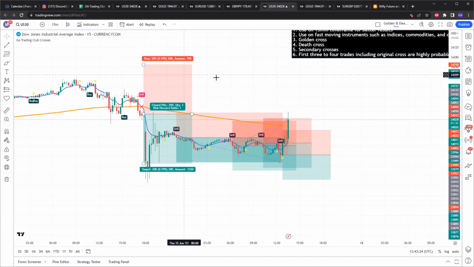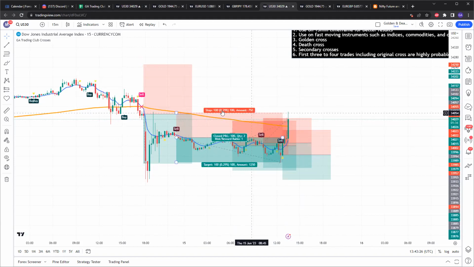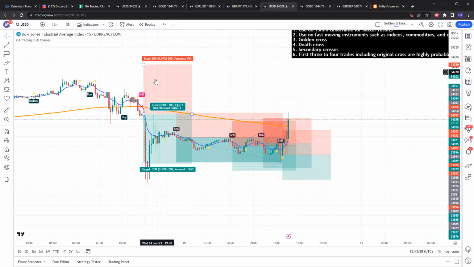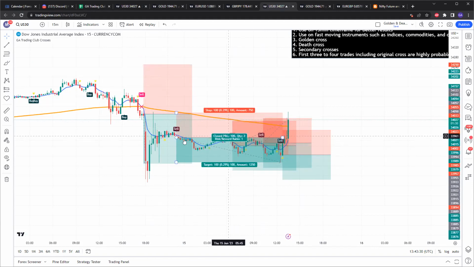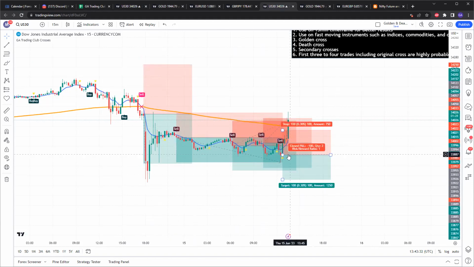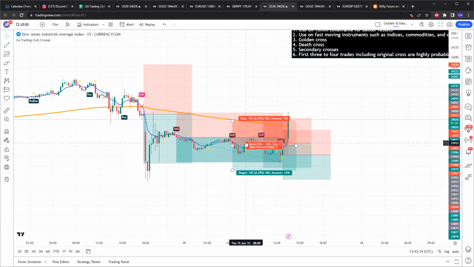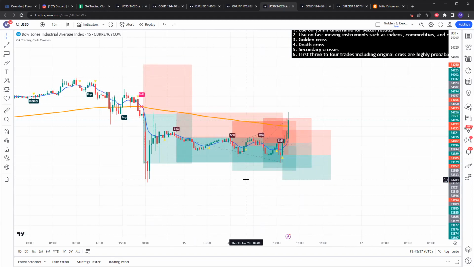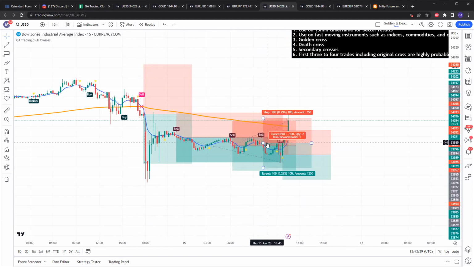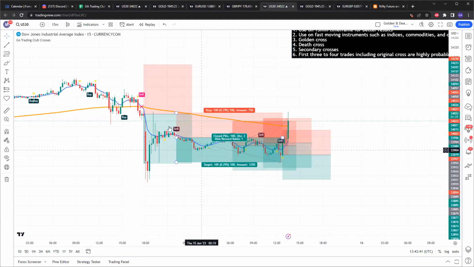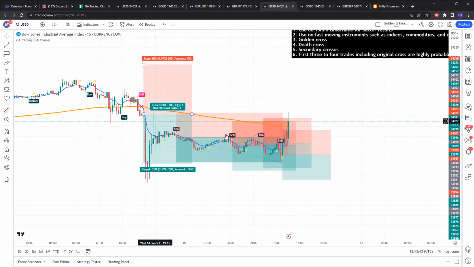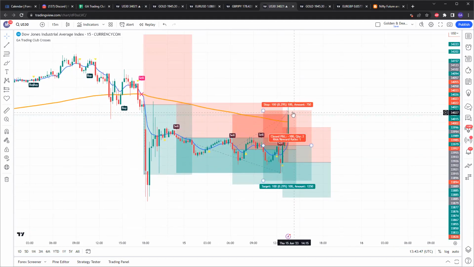If I'm counting the wins for the sells, this sell was a win, this second sell was a win. So that's 2. This third sell hit stop loss, then the fourth sell, fifth sell. So out of 5 trades, 3 hit stop loss, 2 hit TP, so you'd just be down 1 trade.